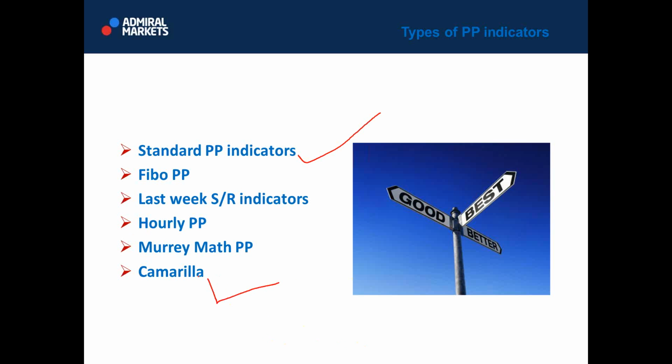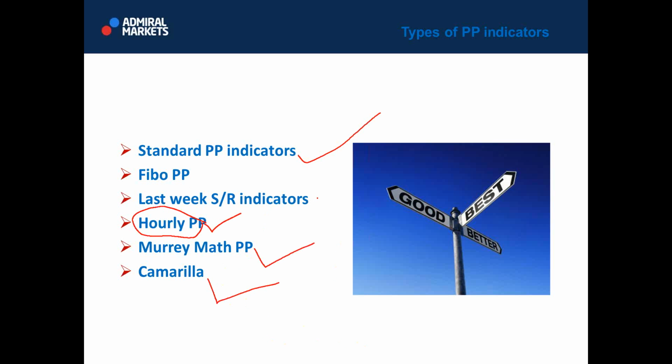Then you can go with Murrey Math pivot points, which are very close in performance to Camarilla pivot points. So Murrey Math pivot points are the second best after Camarilla. Hourly pivot points are great for scalping, but nothing besides scalping.